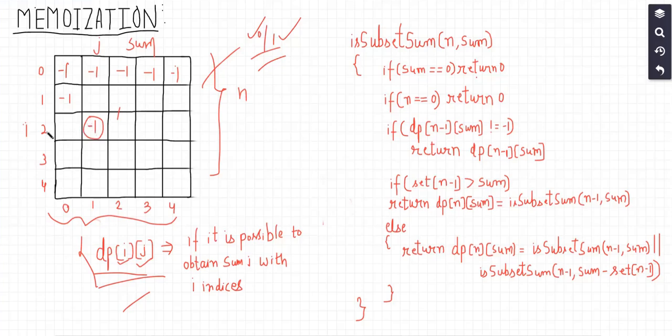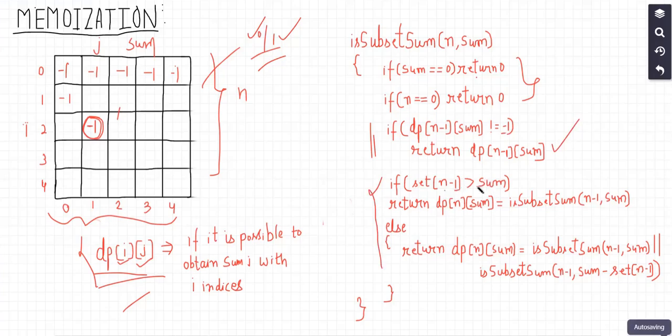If the results for that particular i and j are computed, then there would be some integer other than -1. Otherwise, there would be -1. So it is just to check whether the results are memoized or not. And these are the base cases, which stay the same. This is the memoization check. It says, if the results are already there, then return those results. Otherwise, we check those two conditions that we discussed earlier.